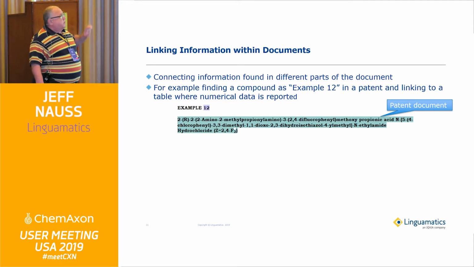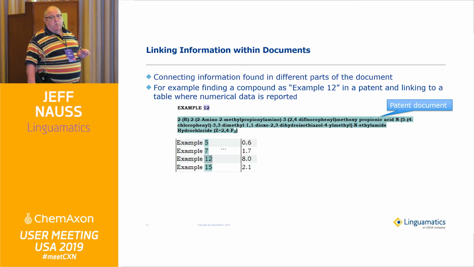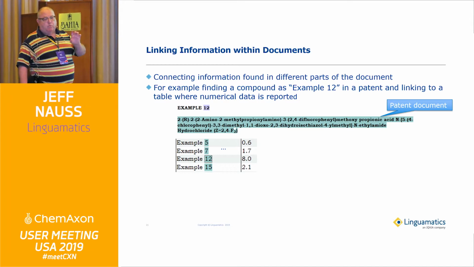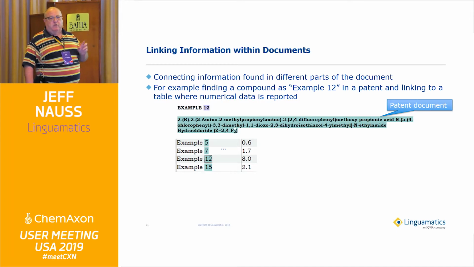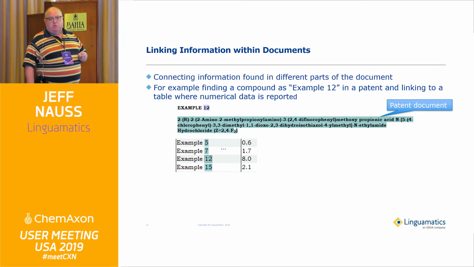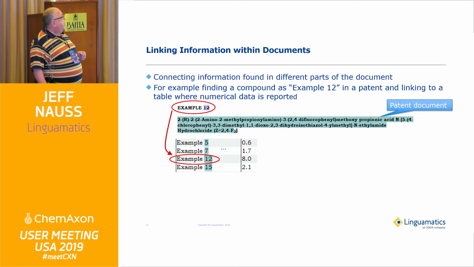So now we got the example number. Now we can go in and look elsewhere within the document where that example number is referenced. In this case, it's within a table. We can look in the table elsewhere, see that it's inhibitory data. And on this particular one, the value for the example 12 is 8.